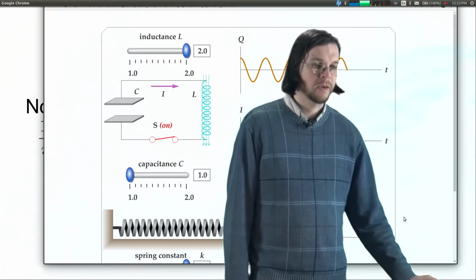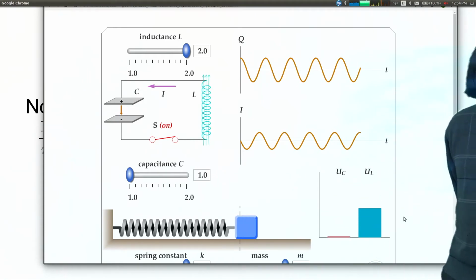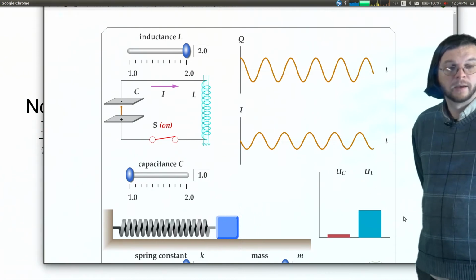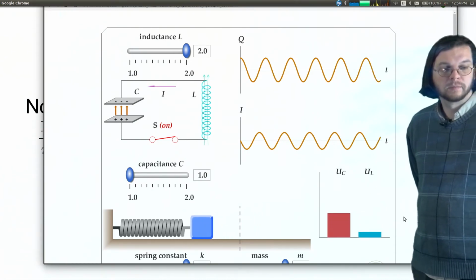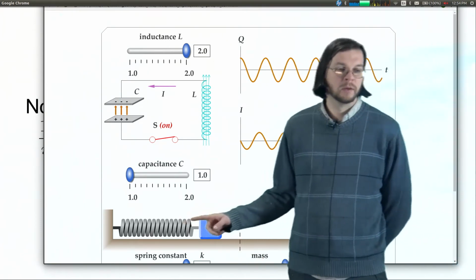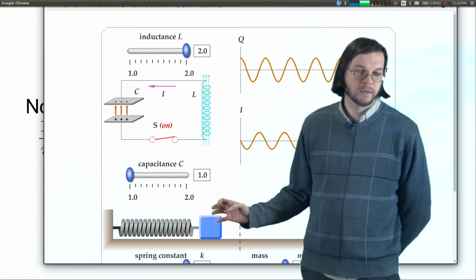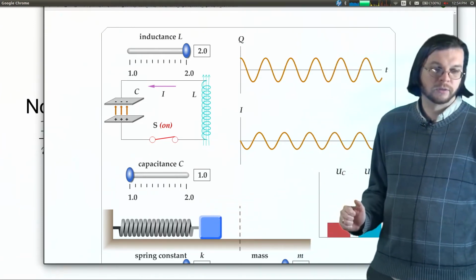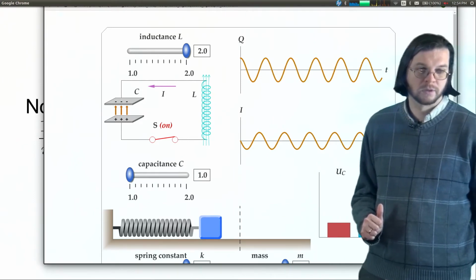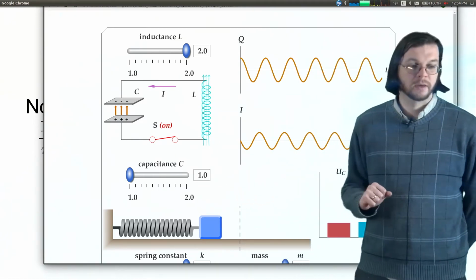Mathematically, this turns out to be basically the same thing as a spring mass system, which sounds ludicrous, but the energy goes from being stored in the spring to being the kinetic energy of the block, and then it stretches out here, and the energy is stored in the extension of the spring until the thing comes to a stop, and then vice versa. If there's no damping in the system, it just goes back and forth like that.